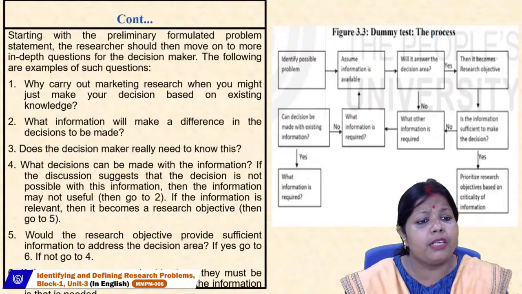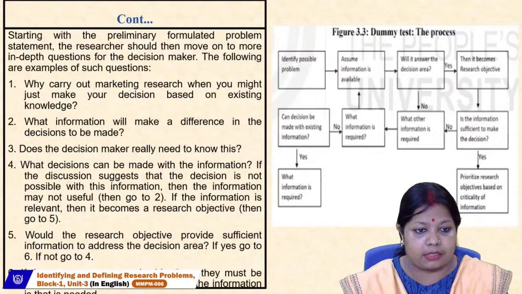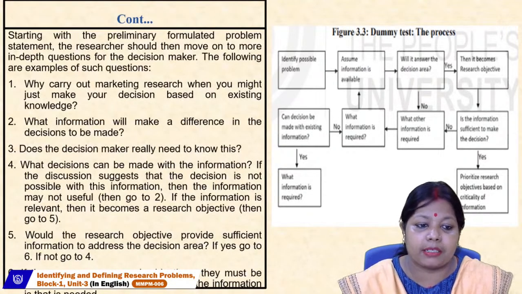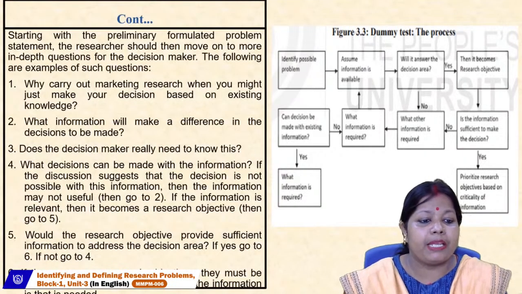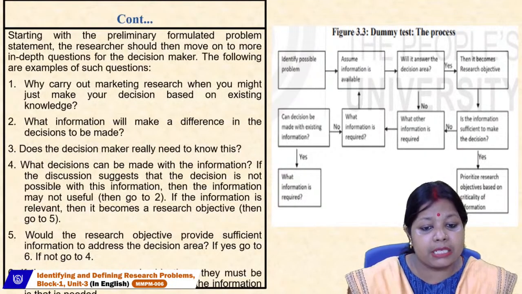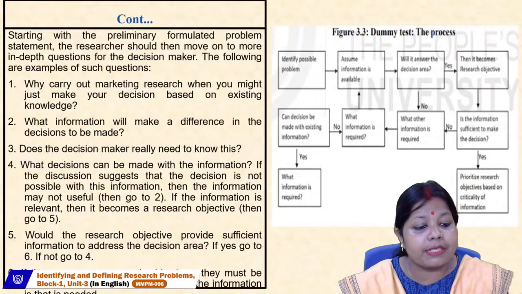If it is not useful, then go to the second step, what information will make the difference. If the information is relevant, suppose we found it is relevant, then it becomes a research objective. Then we should go for step 5. Step 5 says, would the research objective provide sufficient information? If yes, then go to step 6.